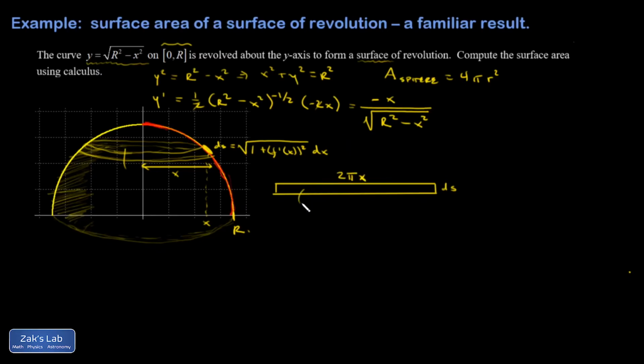So my little differential contribution to the area is 2 pi x ds, which can also be written as 2 pi x square root 1 plus the derivative of y squared. So when I square this thing, I end up with an x squared over r squared minus x squared inside that square root. And there's my dx.